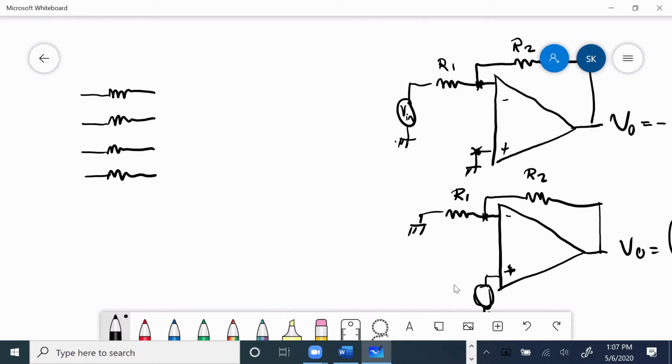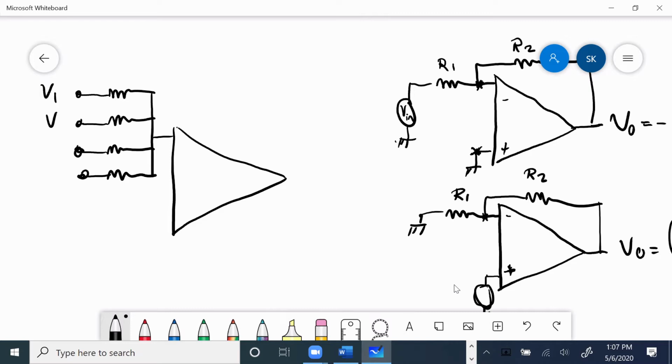We can design a summing amplifier to sum V1, V2, V3, V4. We can sum any number, more or less, 5 numbers, 6 numbers, as much as necessary. And that would be the circuit.